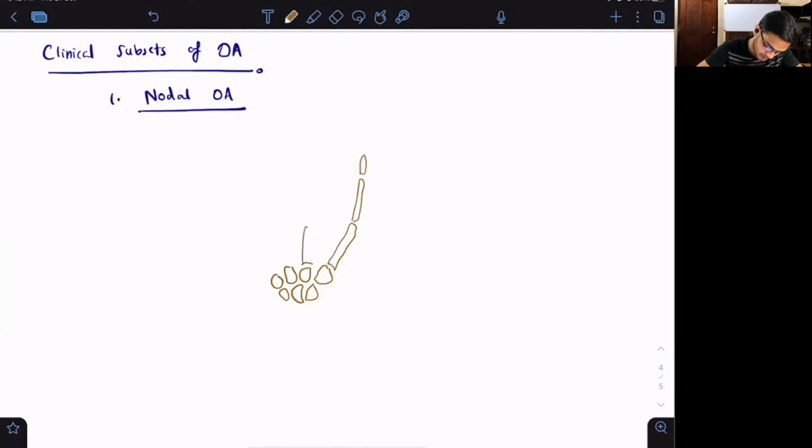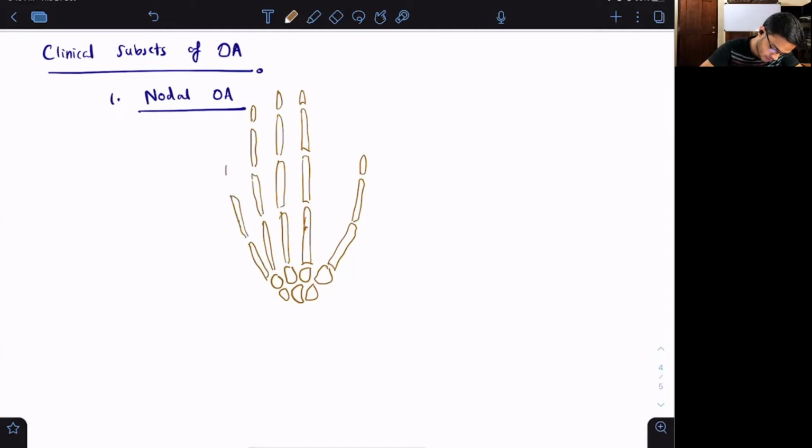Then we have the main fingers, and our little finger. Something like this. So this is my left hand.